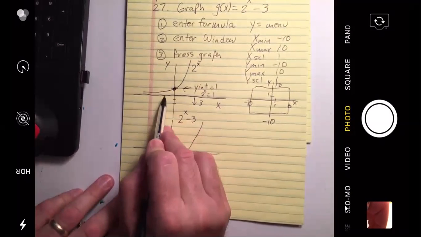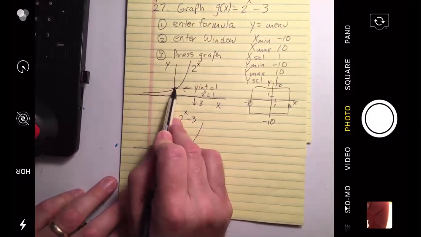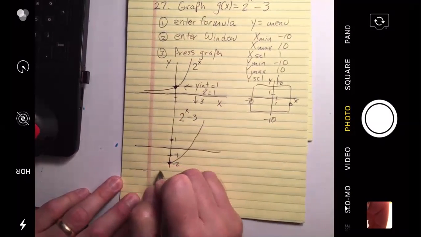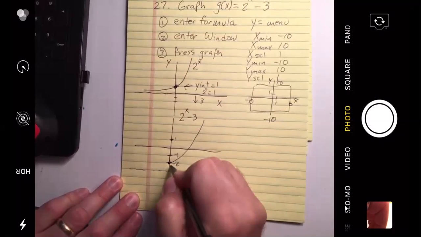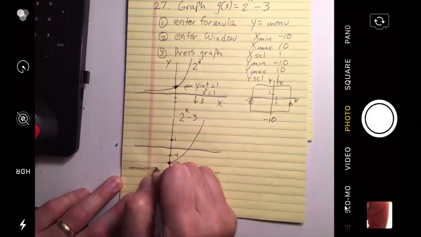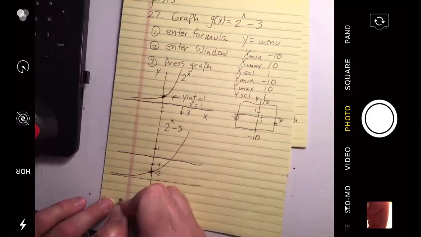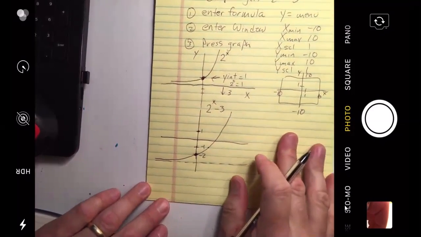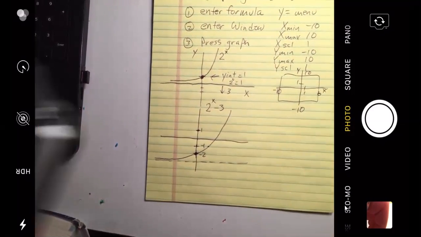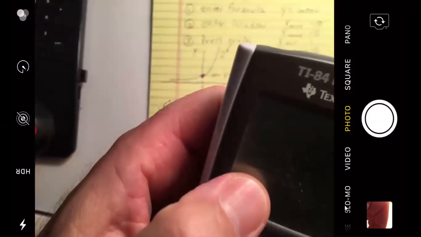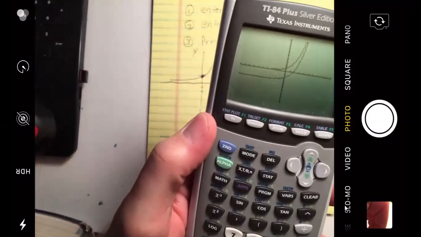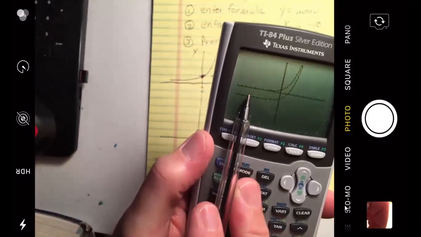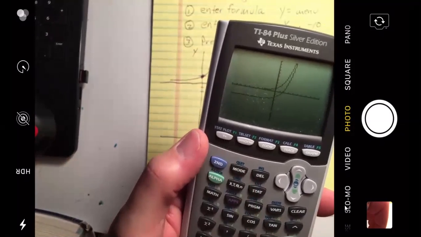So I'm going to draw a horizontal line, and it's going to approach that line. If I just draw it willy-nilly over here, you won't see that, and it's incorrect. So that's what the calculator graph is trying to show you here. It's going horizontal, and the intercept is 3 below this intercept.